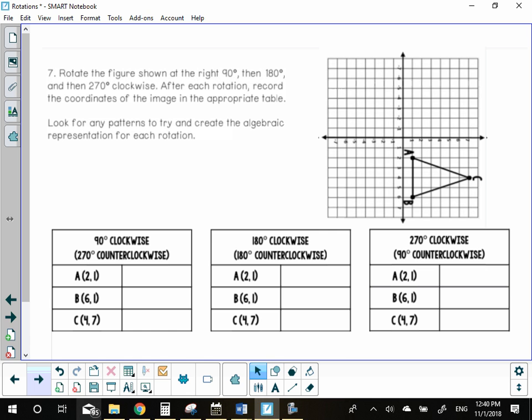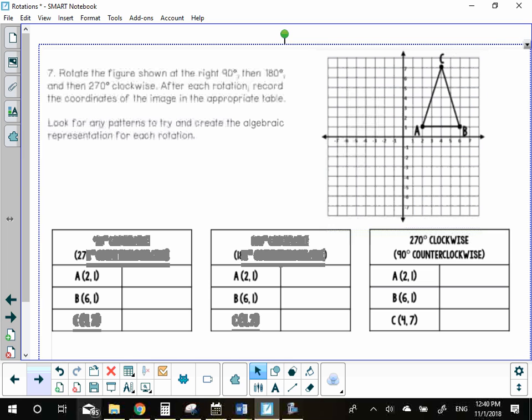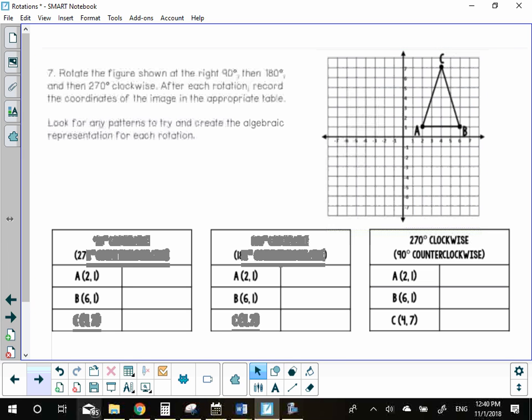So next up, we're going to get to the spot where you can use some patty paper. So take that out, and you're going to put your patty paper onto your graph, and we're going to do some rotations.